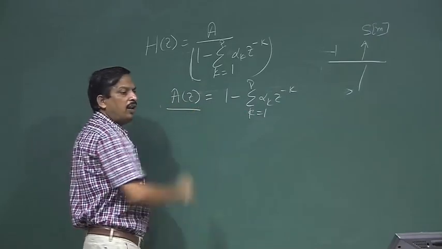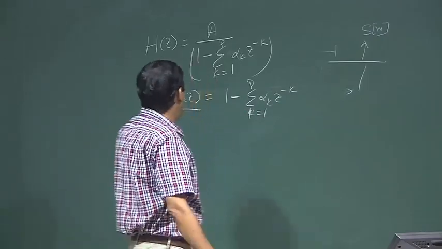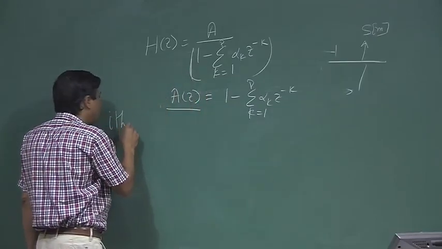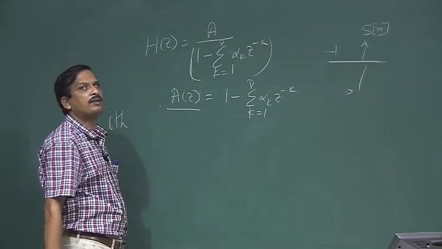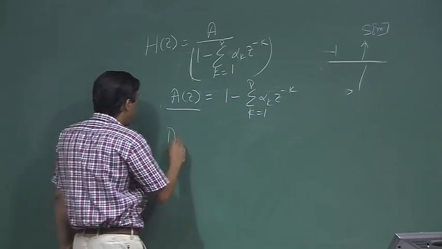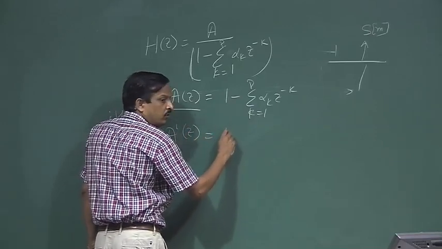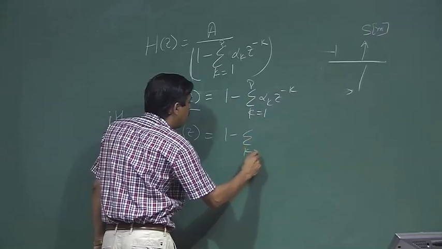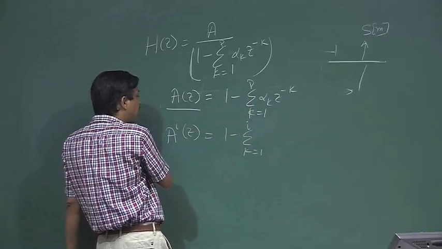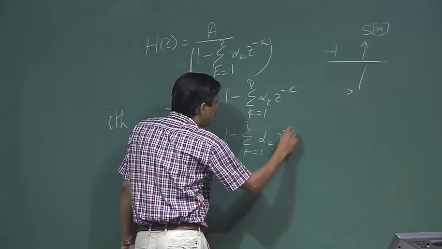This is the error filter, let this one be A(z). A(z) is 1 minus the sum over k equal to 1 to p of alpha k z to the power minus k. A(z) is called the error filter. If I use an ith order predictor, then A_i(z) is 1 minus the sum over k equal to 1 to i of alpha k z to the power minus k.